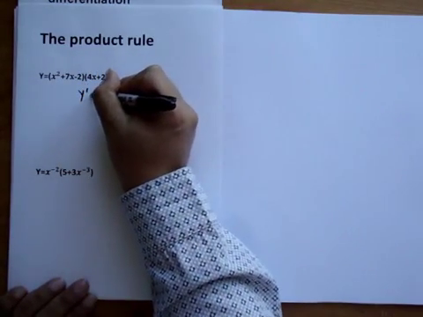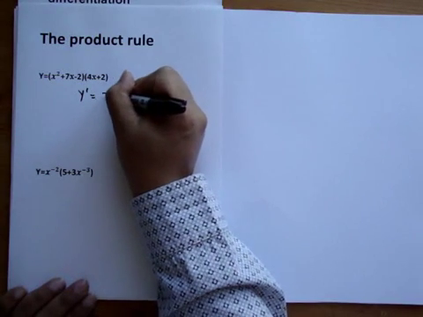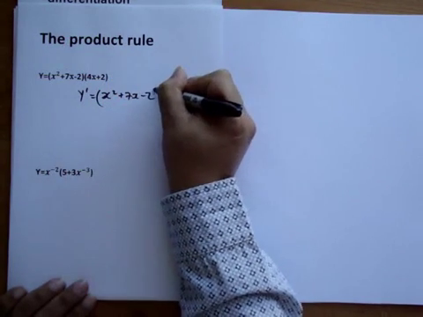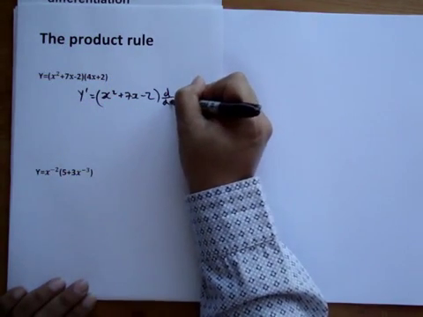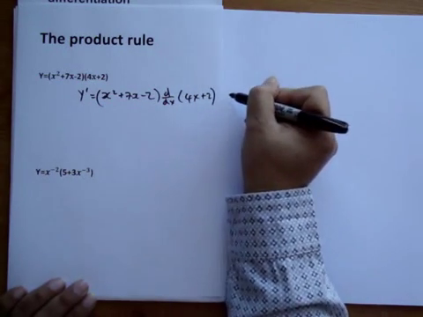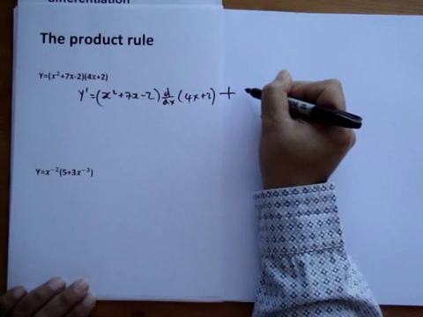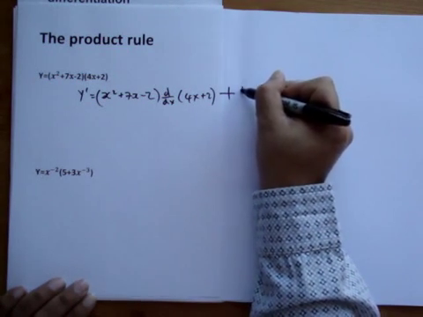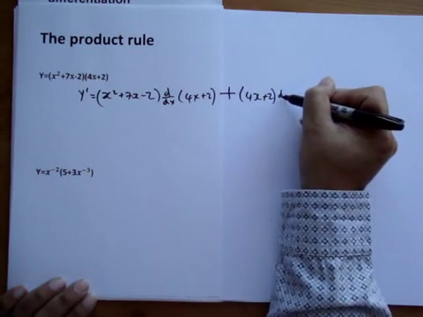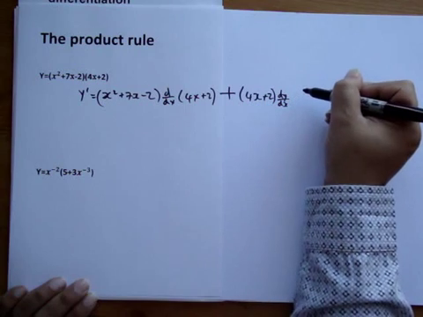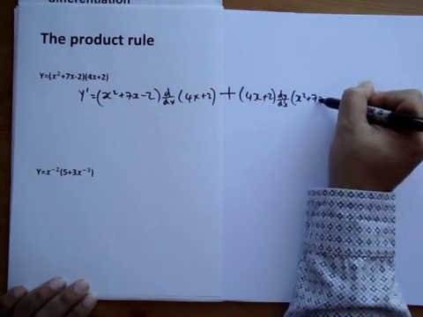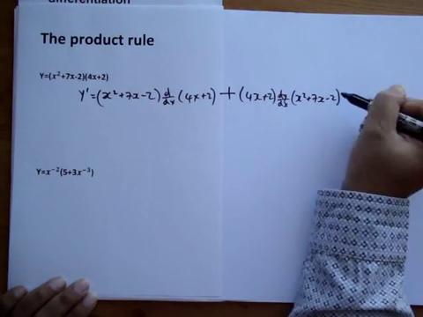So y prime is the first term, x squared plus 7x minus 2, multiplied by the derivative of the second term, which is 4x plus 2, plus we get the second term by itself, which is 4x plus 2, and multiply that by the derivative of the first term, which was x squared plus 7x minus 2.